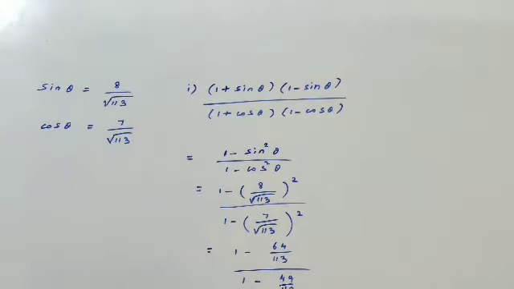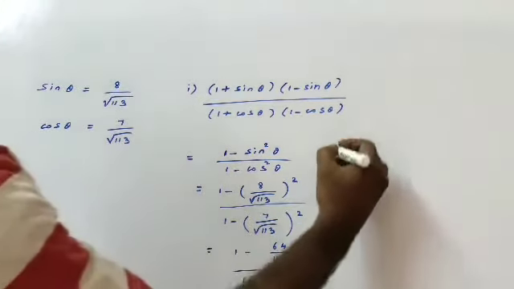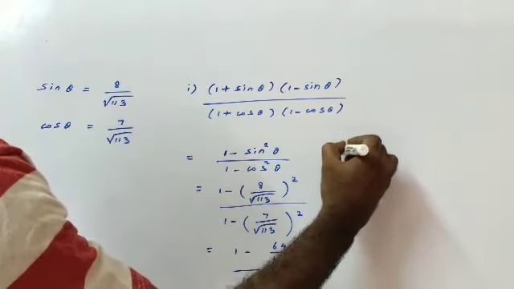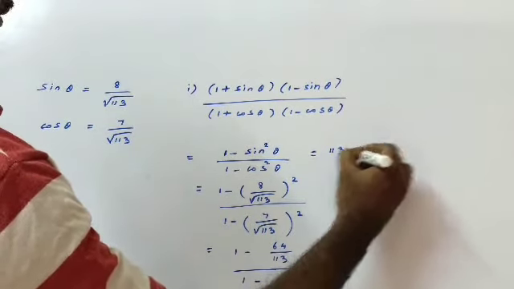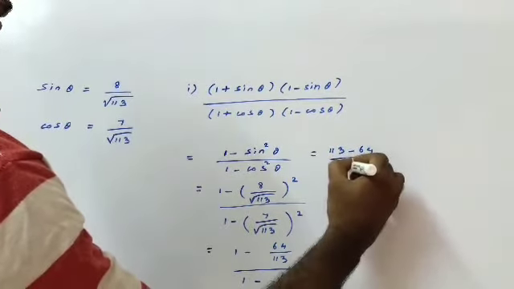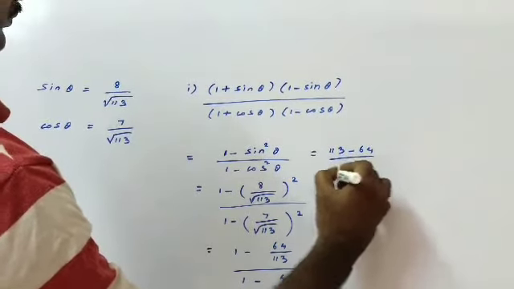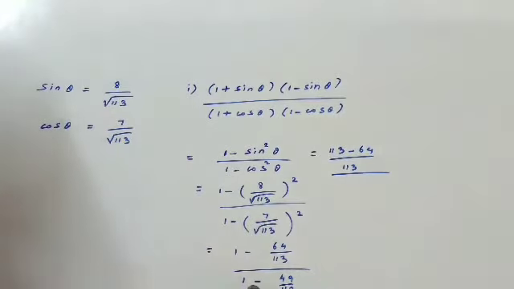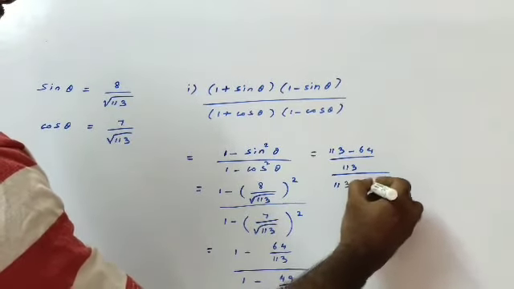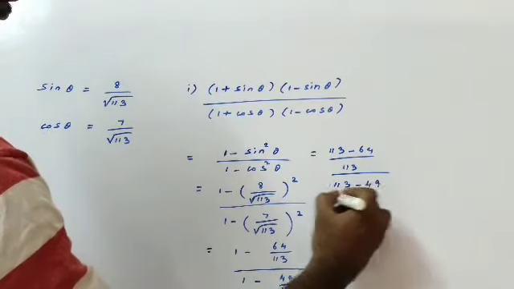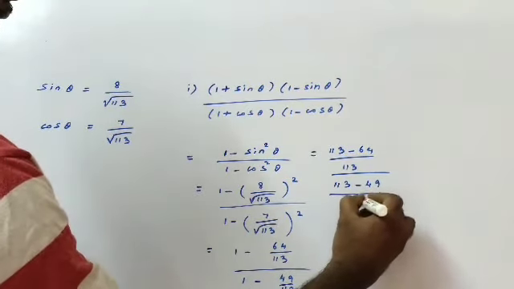Now cross multiply. 113 into 1 gives 113 minus 64 divided by 113. Then divided by, here also cross multiply, 113 into 1, that is 113 minus 49 divided by 113.